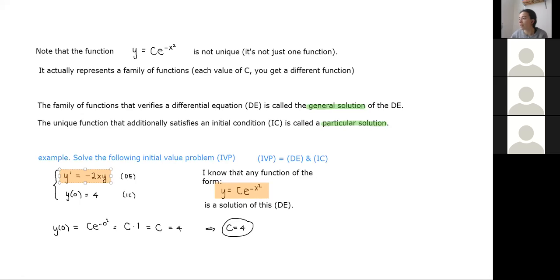So I already know that whatever function I'm going to find is going to be of this form. So it's going to be some constant times e to the minus x squared, and that way I will guarantee that my function satisfies the equation y prime is equal to negative 2x times y. Does everybody understand that? Who does not understand that part?